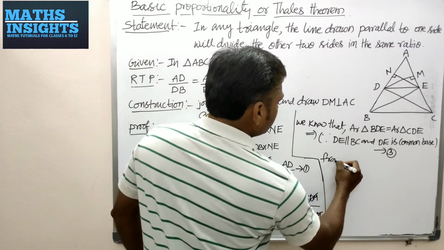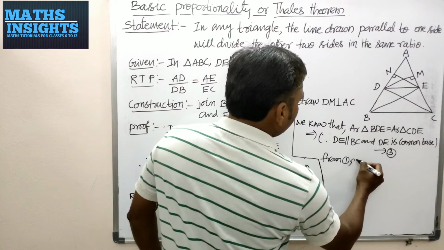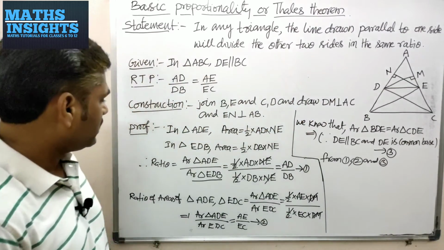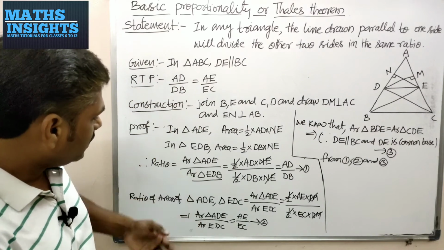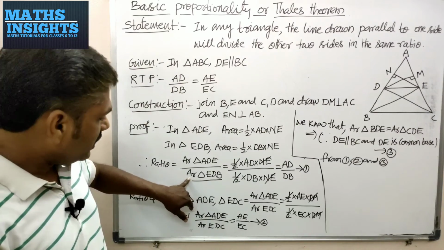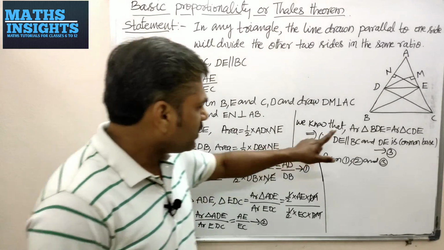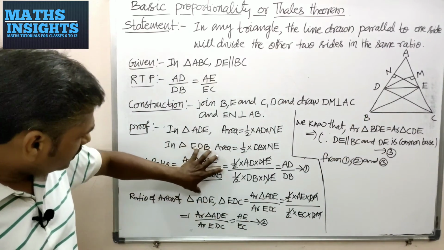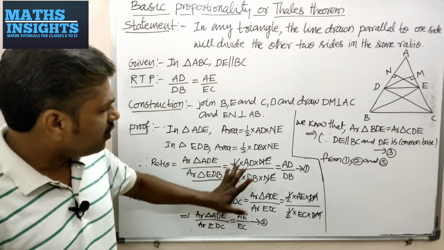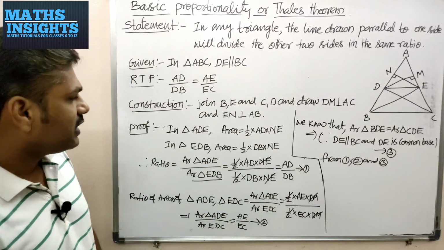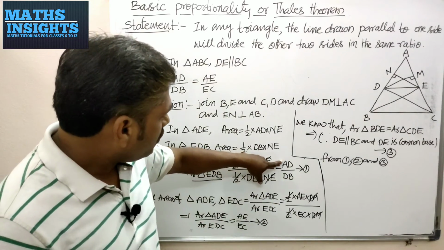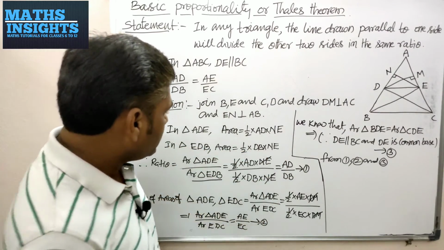So from equations 1, 2 and 3, we conclude that the difference between these two is only the denominator, and we are proving that the denominator is also equal, therefore these two will become equal automatically. When LHS are equal, RHS will also become equal. Therefore, from 1, 2 and 3 you will have equality of these two ratios.